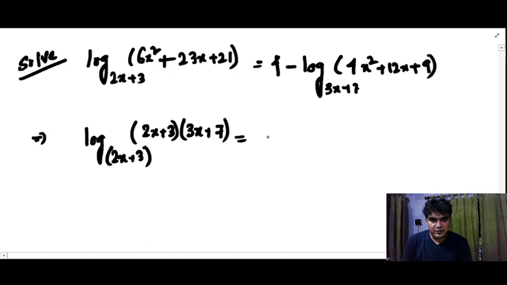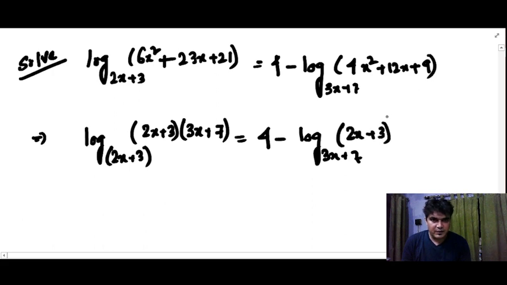For the next part, we have 4 minus log of 3x plus 7 in the base, and here we have 2x plus 3 whole square. Let us make it equation 1.